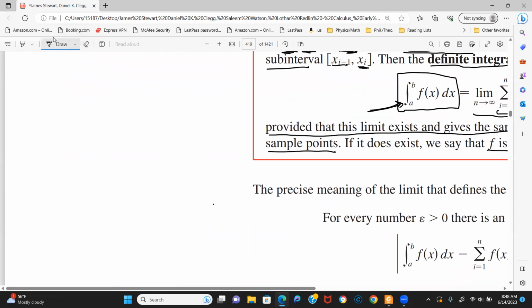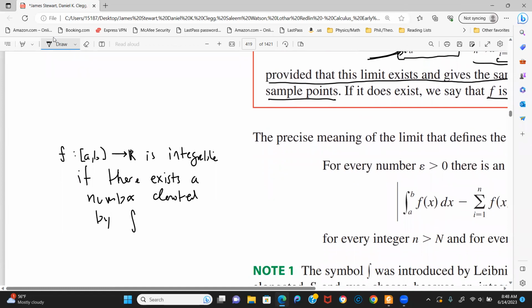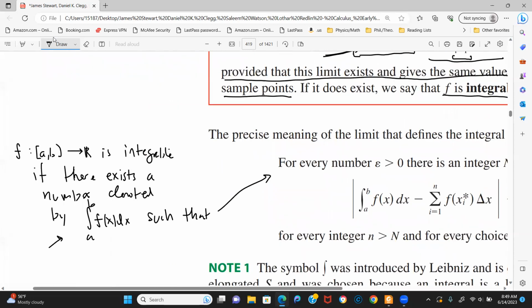So let's say f, as a function from a to b to the real numbers, is integrable if there exists a number denoted by these symbols right here, such that the number has this property right here, for every epsilon there exists blah blah blah, and in fact this number is unique.